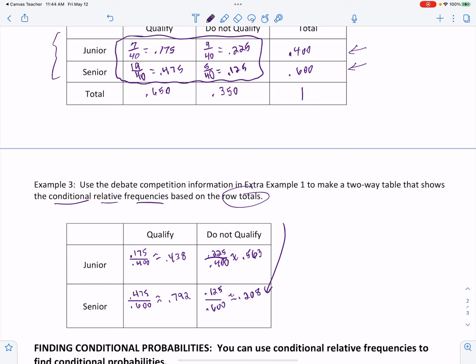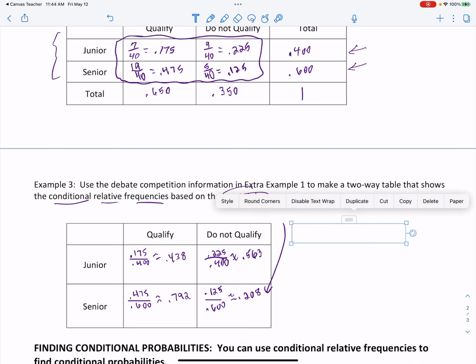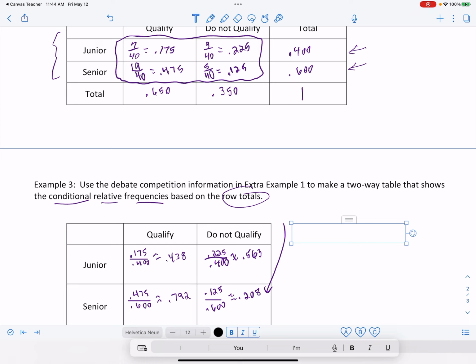So if we describe this 0.208, it's part of a given, and that 20.8% is given the student is a senior.